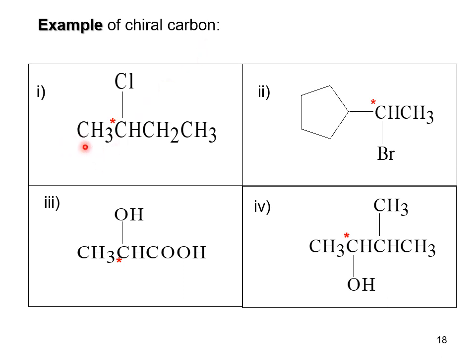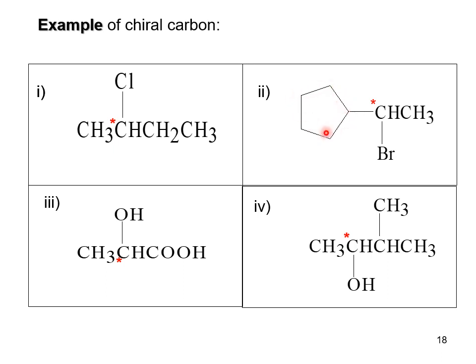For this carbon, it cannot be a chiral carbon because the 3 H atoms are the same. How about this carbon? Yes, it is attached to CH3, chlorine, hydrogen, and CH2CH3. So it is attached to 4 different groups or atoms. Yes, carbon number 2 is the chiral carbon. How about this one?